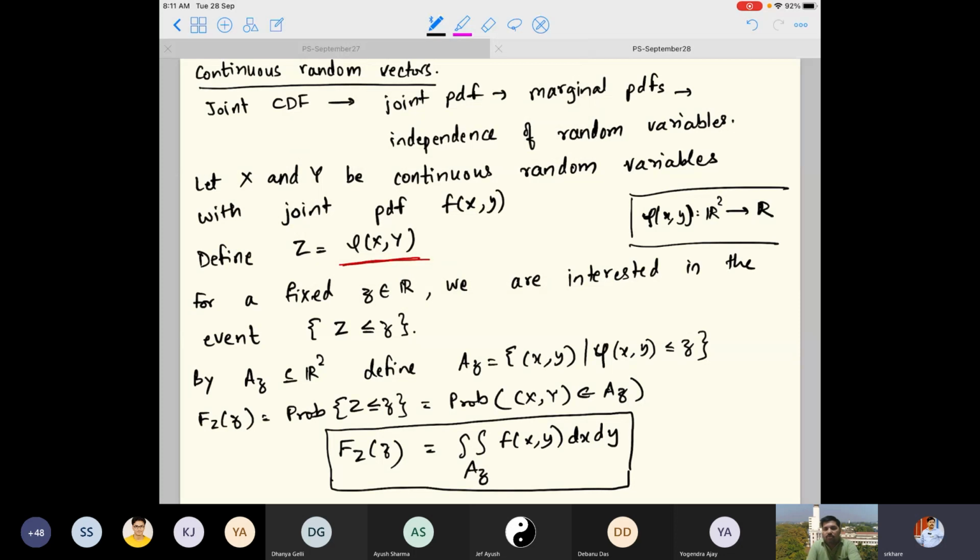So once I understand these two transformations and how I can compute the CDF of z and hence the PDF of z by differentiating, I will use these results extensively later on to come up with some interesting sampling distributions and so on and so forth. So that's why these two things are really important for me. So I hope this part is clear. This is something that we had done yesterday. Is there any doubt about this part?